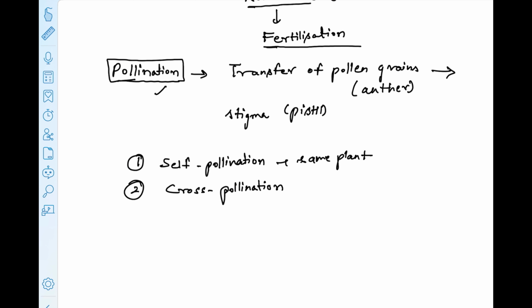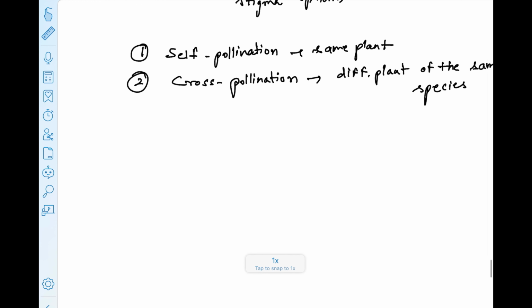And in cross-pollination, transfer of pollen grains from anther of one flower to the stigma of a flower on a different plant but of the same species takes place.